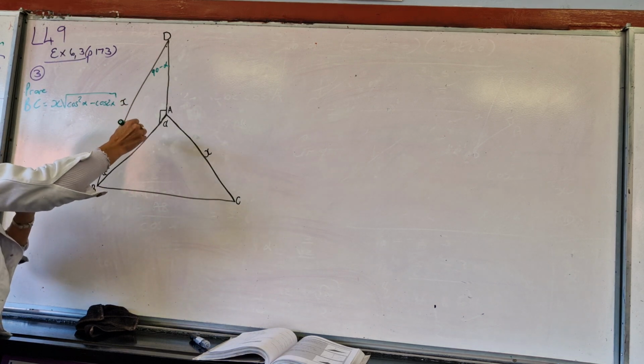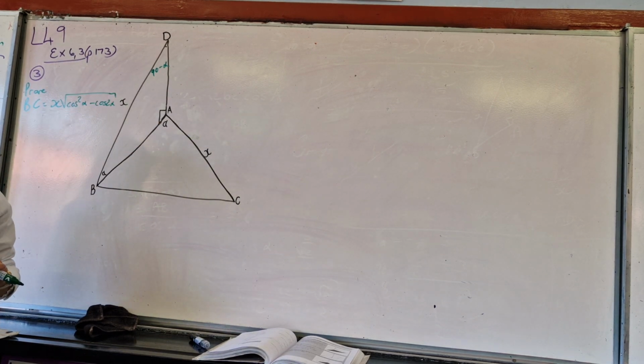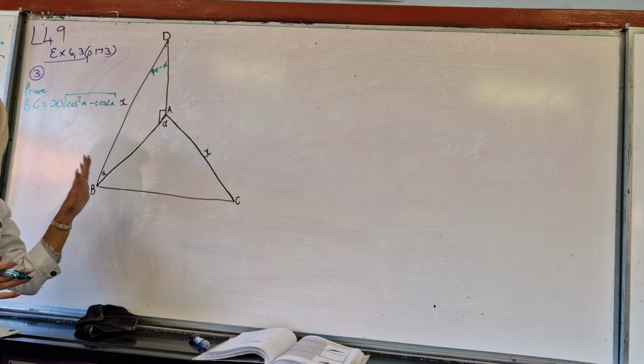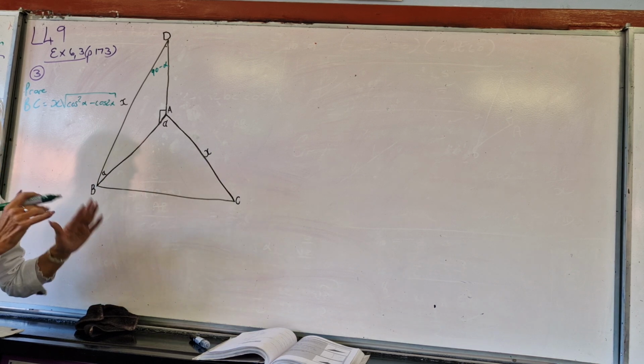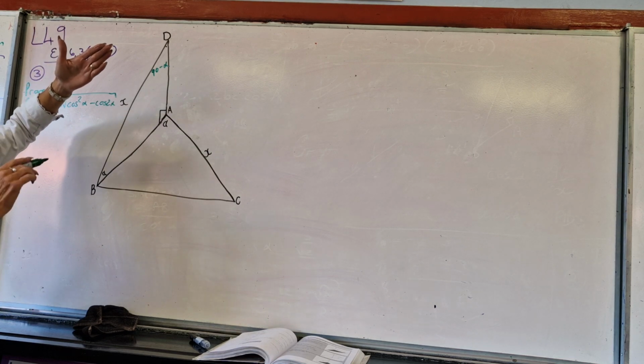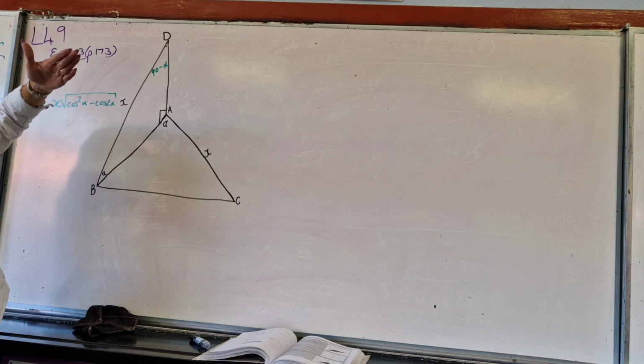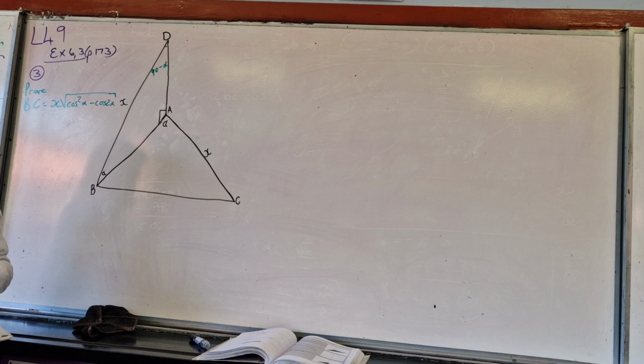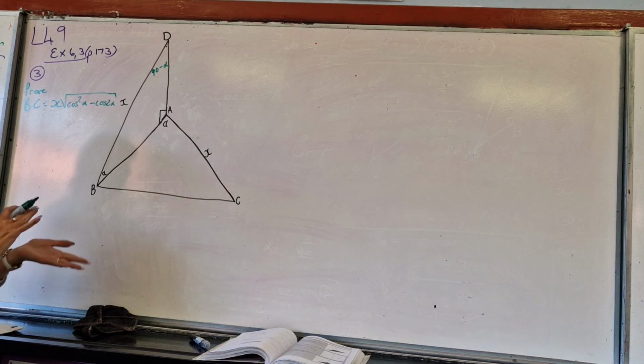So you cannot say that they added together will give me 360, because it's not flat like on the board. You've got to realize that this is the horizontal plane and this is standing up. You cannot add this angle and that angle together and get 360. Are you with me?